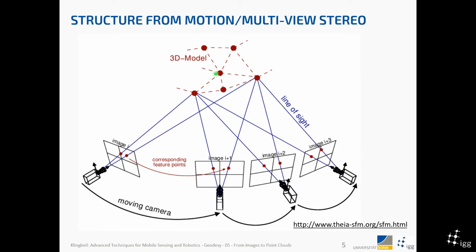And the answer is known as a process called structure from motion. Also, multi-view stereo is a word which is always used in that context, and I will go to the meaning of these words a bit later. So the idea is that if we have a 3D object here, and we can see single points in that object from different images, right?